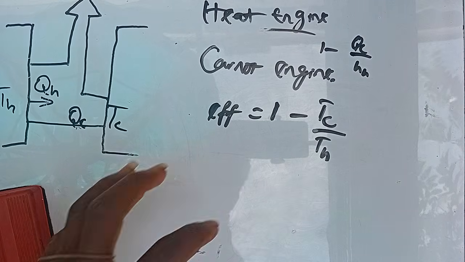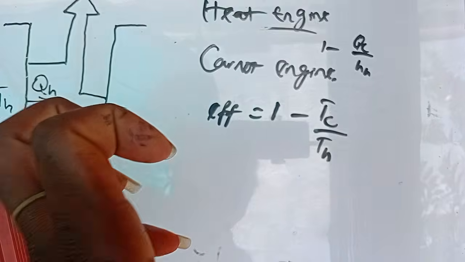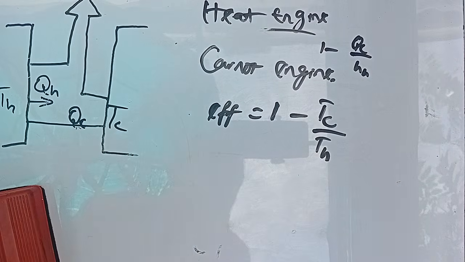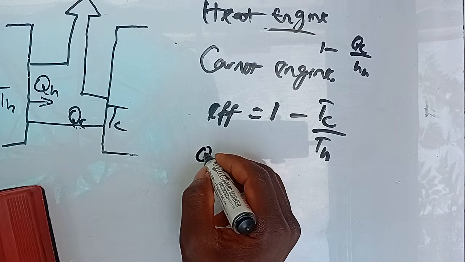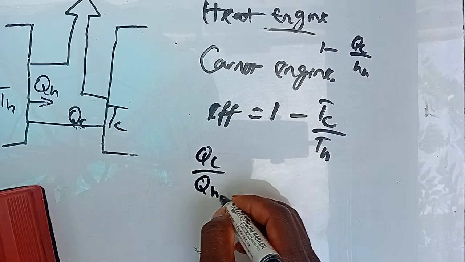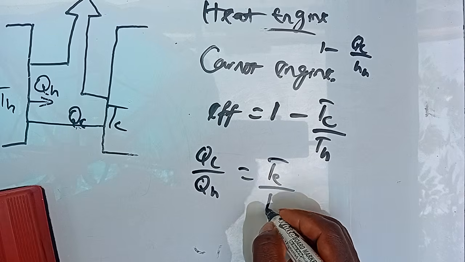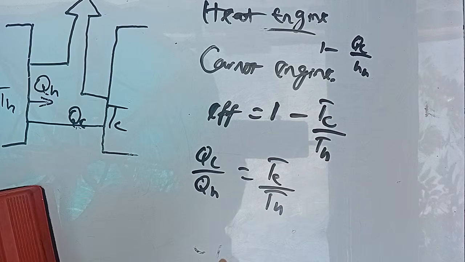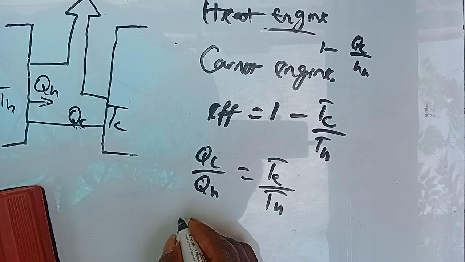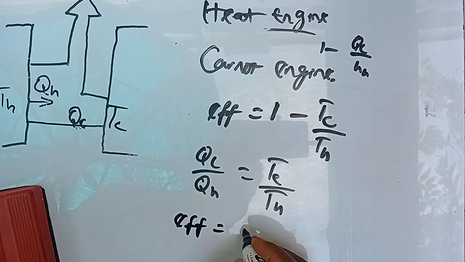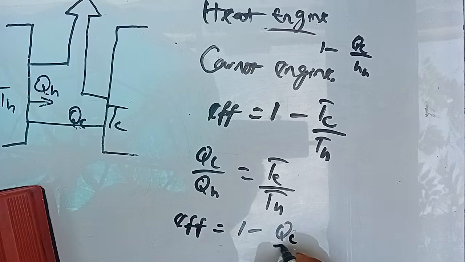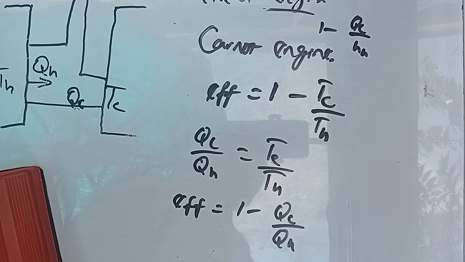Do we get? We use this formula to find the maximum efficiency possible. Take note, for Carnot engine, also QC over QH equals TC over TH, for Carnot engine only, which means the formula we use for real engine, efficiency equals 1 minus QC over QH, can also be used for Carnot engine.